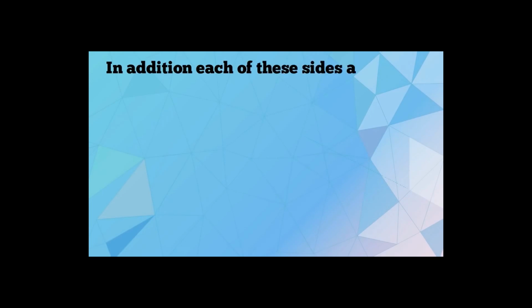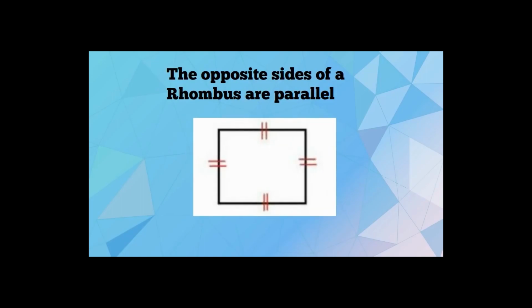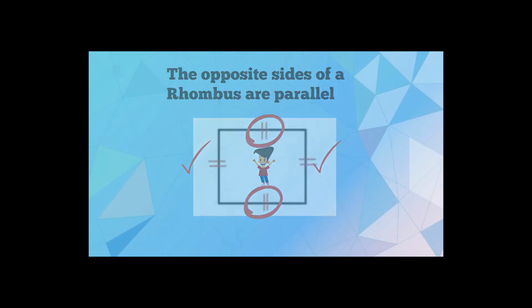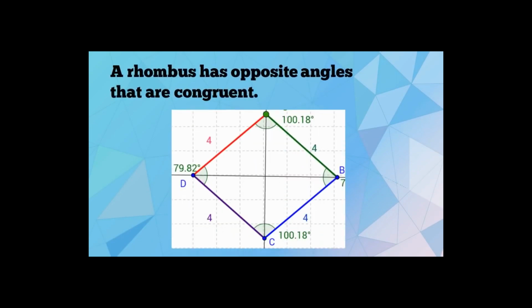In addition, each of these sides are congruent or equal. The opposite sides of a rhombus are parallel. A rhombus has opposite angles that are congruent.